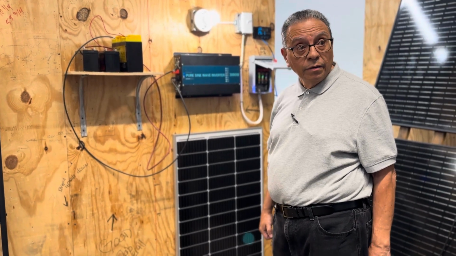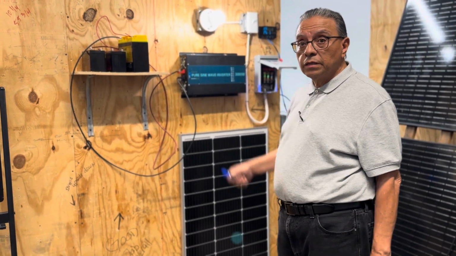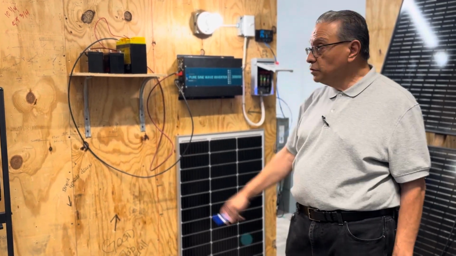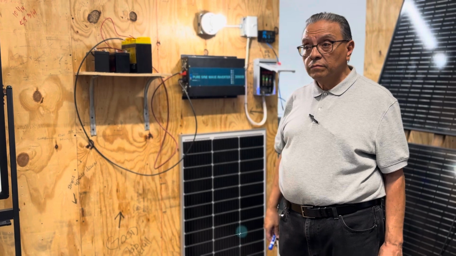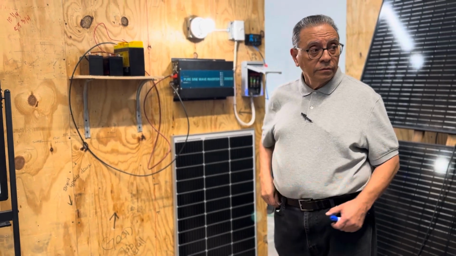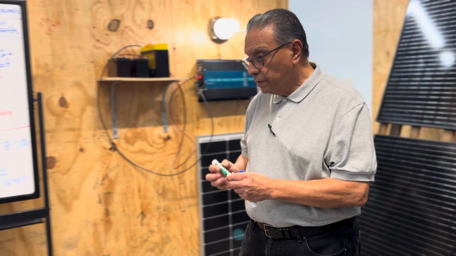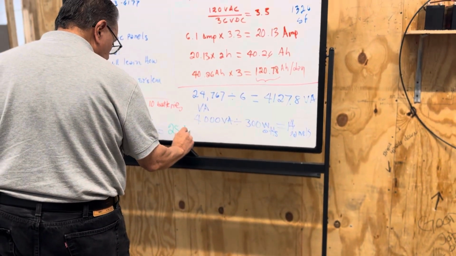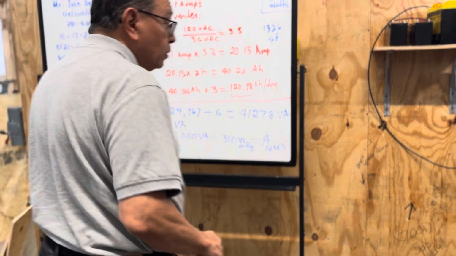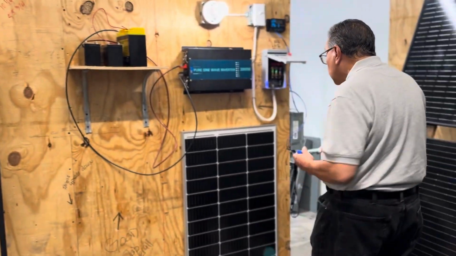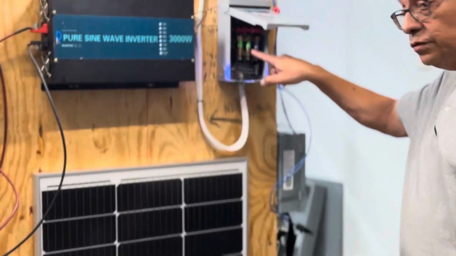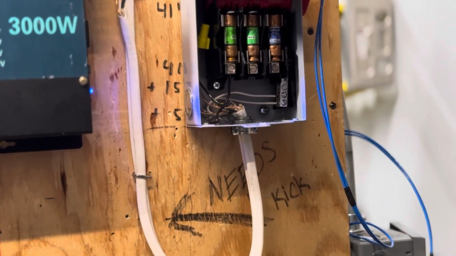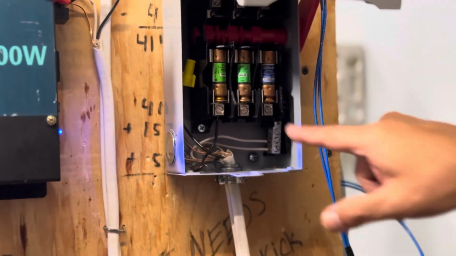It's important because otherwise, you have a short circuit. It's cheaper to replace a fuse than to replace the whole inverter. So it's 25 amperes. If you look at this, all of these fuses are 25 amperes AC.